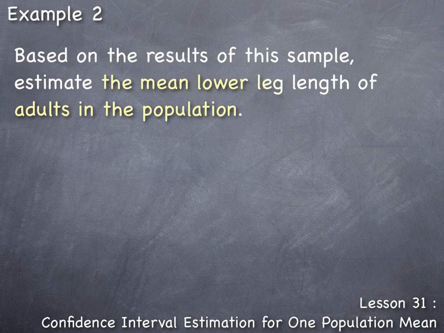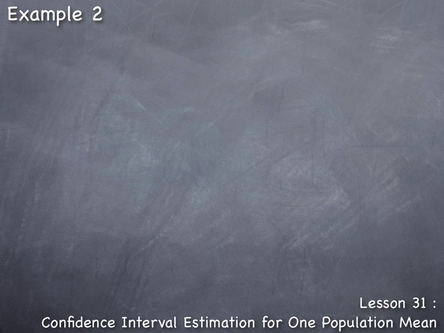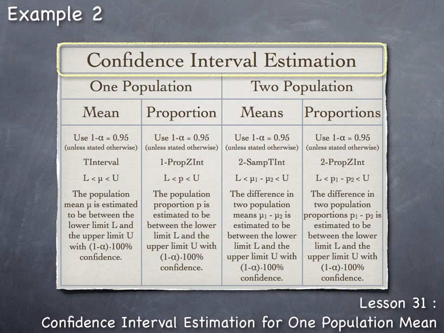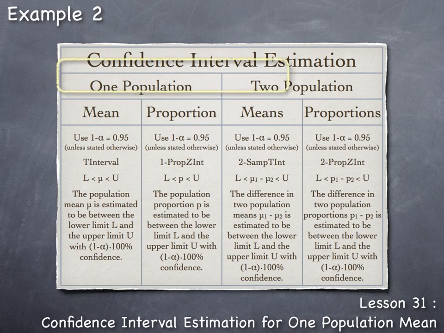We want to estimate the mean lower leg length, so we're using the mean, mu, as our population parameter, of adults in the population. This involves just one population. So for this example, we'll be constructing a confidence interval estimate for just one population mean.